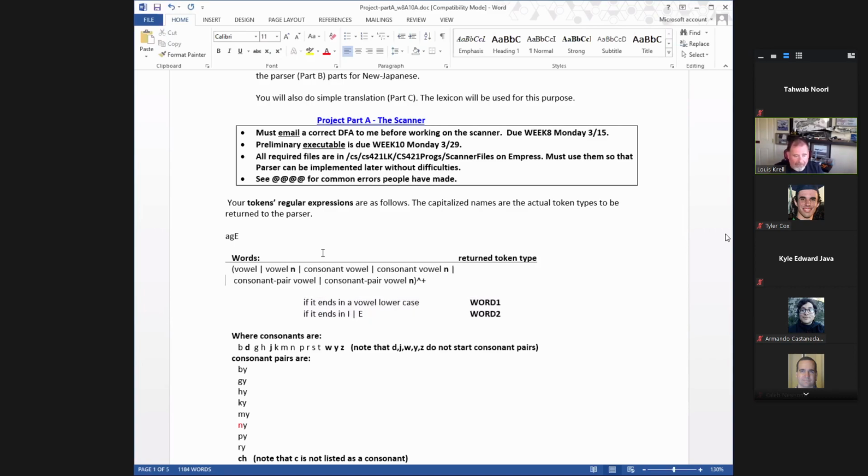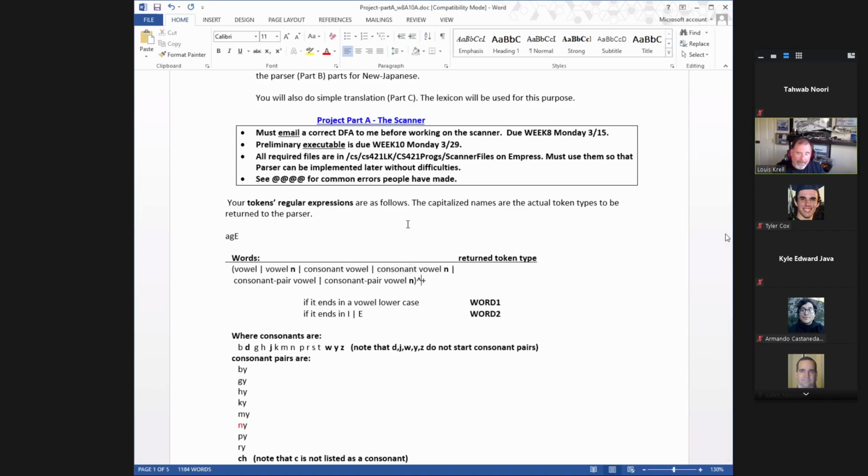We talked about consonants here. Our consonants are B, D, G, H, J, K, M, N, P, R, S, T, W, Y, and Z. So these are the consonants that we allow anywhere here.